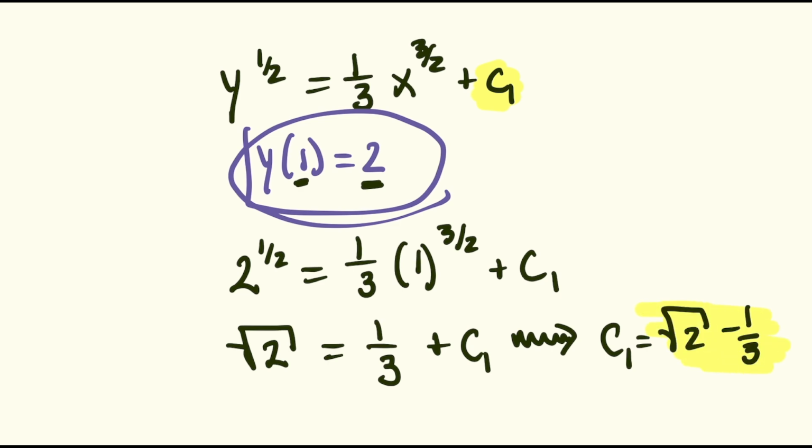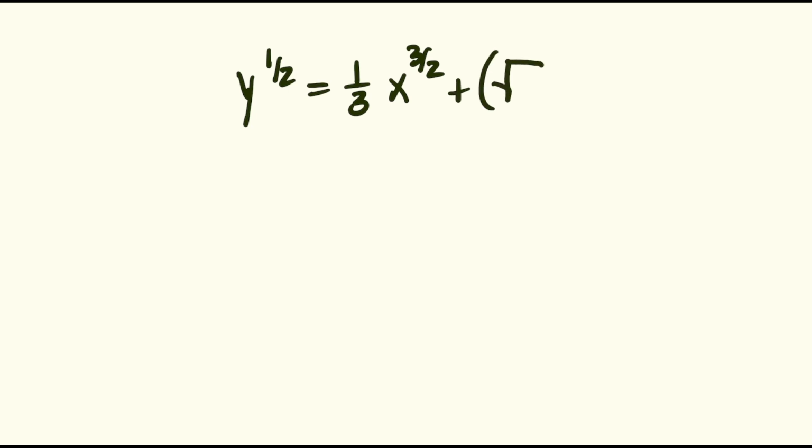And we're going to replace that in the equation that we have up here. So we're just going to substitute that in where we saw our c1. This is going to leave us with the equation y to the 1/2 is equal to 1/3 x to the 3/2 plus root 2 minus 1/3. And I will do one last thing at this point, and that is going to be to square both sides.